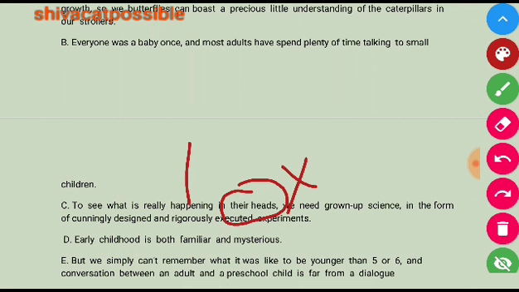Everyone was a baby once. Most adults have spent plenty of time talking to small children. Everyone was a baby once is also a connecting sentence, and it is saying something about babies. It is specific, not a general sentence, so it cannot be the starting sentence.